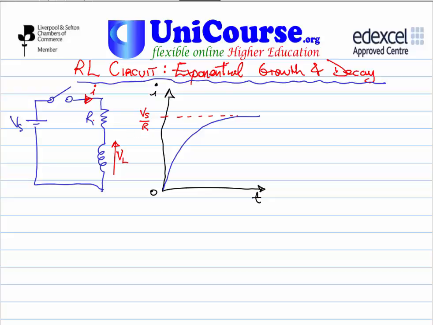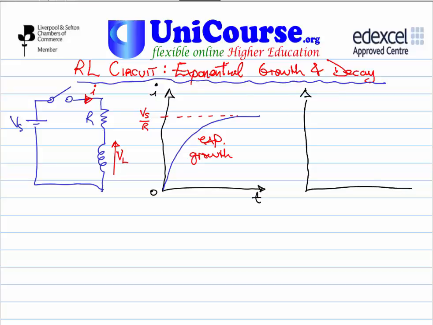So the resistor inhibits the current in the circuit. And indeed, there are exponential growth properties going on.